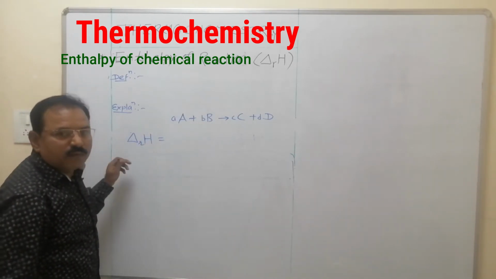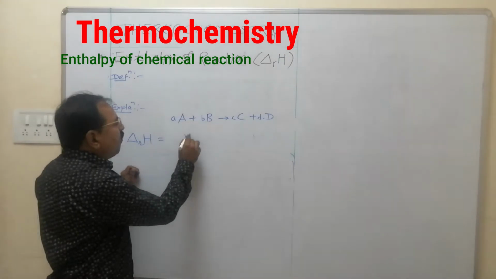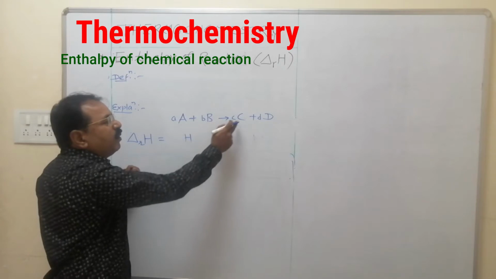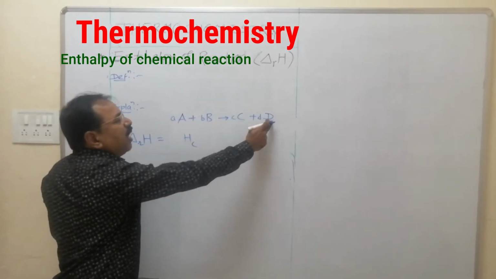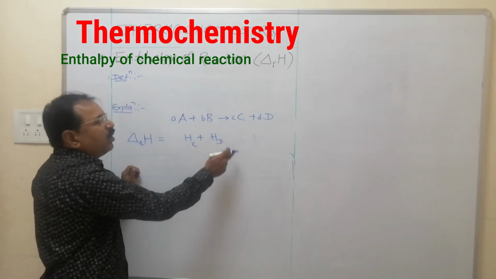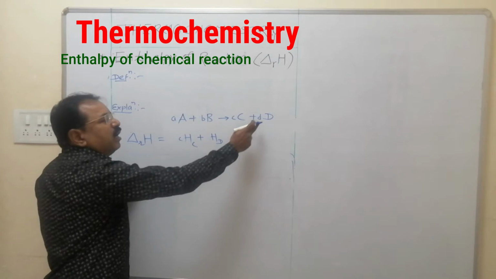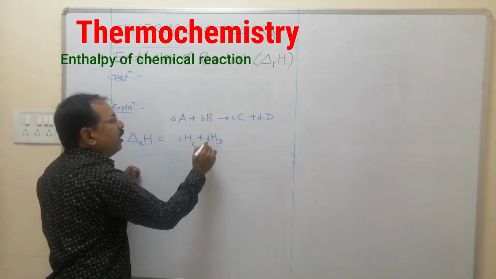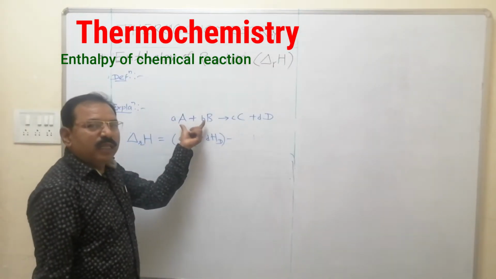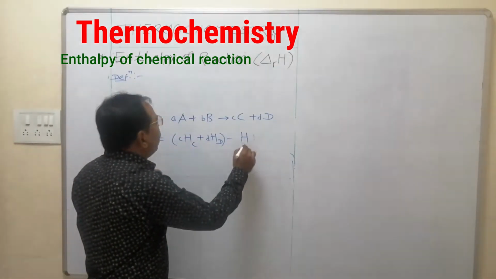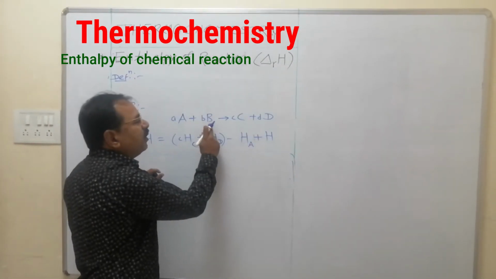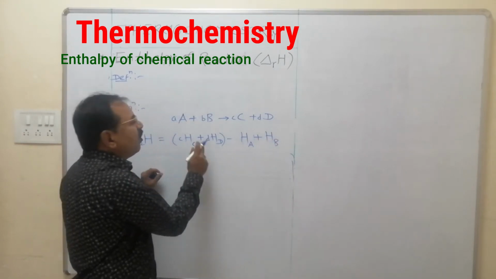is equal to the enthalpy of these products minus the enthalpies of these reactants. Therefore, the enthalpy of C plus the enthalpy of D in one bracket, with coefficients of C and D written, minus the enthalpies of these reactants in another bracket: the enthalpy of A plus the enthalpy of B with their coefficients.